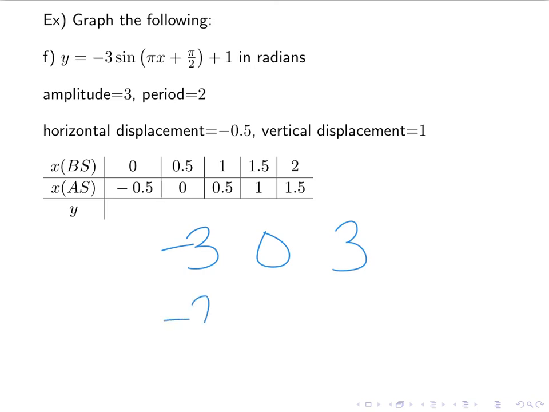We're going to add 1 to each of them. So my new values are negative 2, 1, and 4. Sine starts at the 0, so it's going to start at 1, and then it's going to go down because we have a negative sign. So 1, down to negative 2, back up to 1, up to our maximum of 4, and then back down to 1.